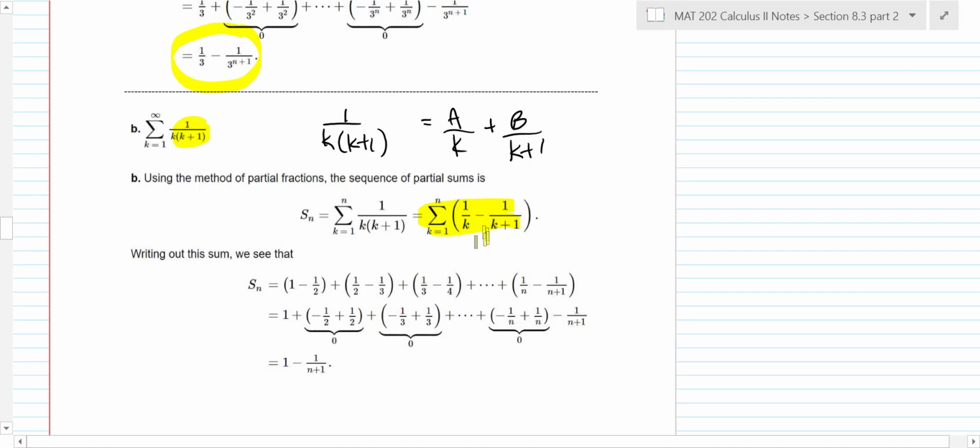But if we were to go through and write this out, if k is 1, you'd basically have 1 over 1, so that would be 1. Then you'd have 1 over 1 plus 1, so that would be a half. So that would be the first term in that series. And then it follows a pattern. Now, if k goes up to 2, now you have 1/2 minus 1/3, and so forth like that. Does that make sense to everybody? Is that good? Okay. Now, what do you see happening?